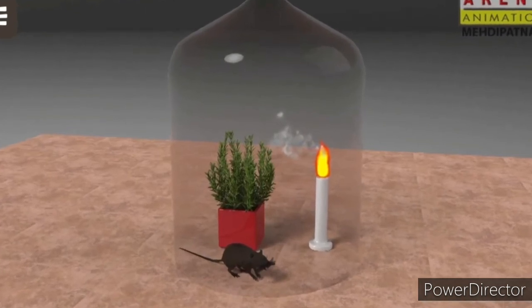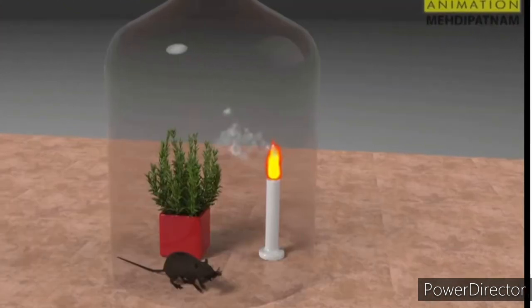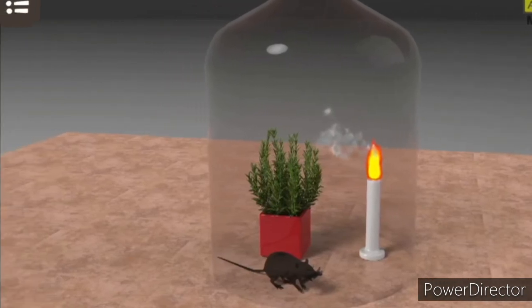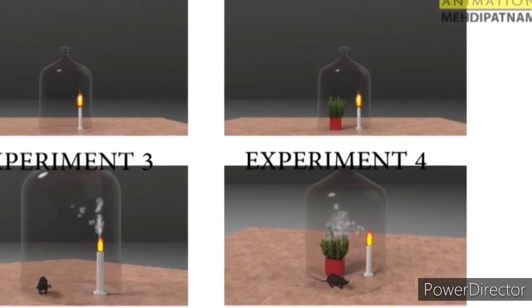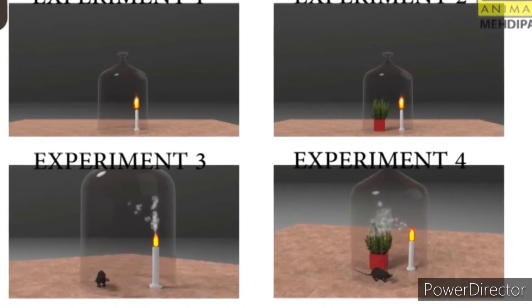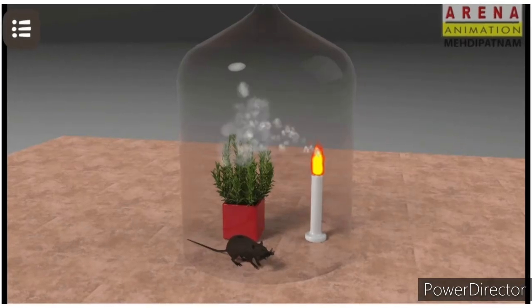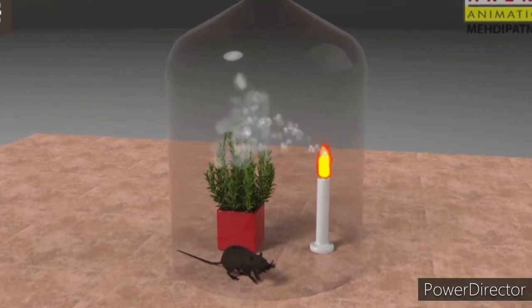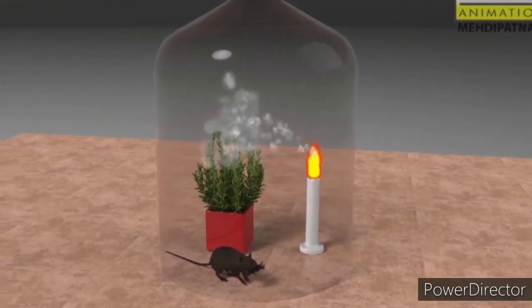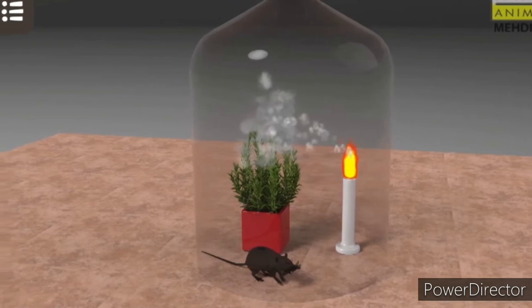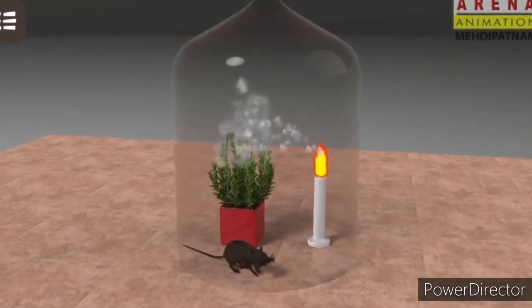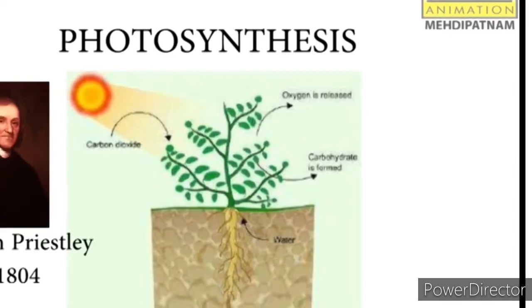This shows that plants restore the air that breathing animals and burning candles remove. Priestley's experiment concluded that gaseous exchange was going on in plants, and they give out a gas that supported burning and was essential for the survival of animals.